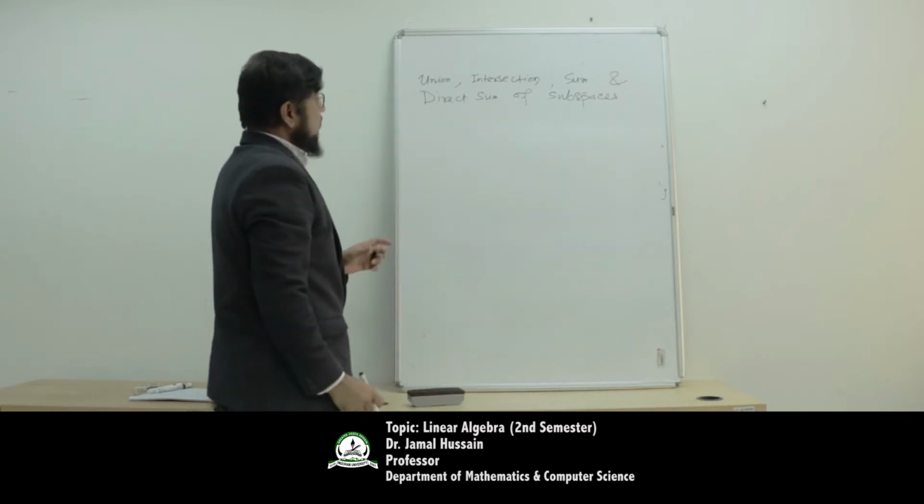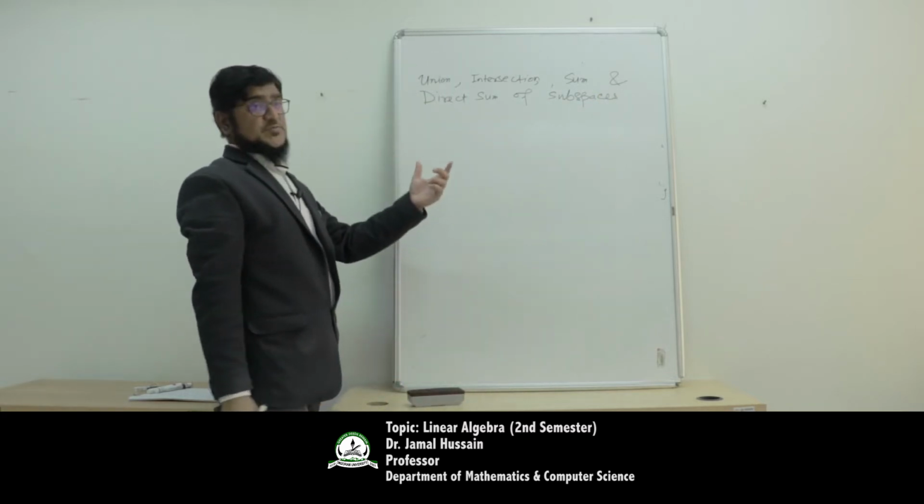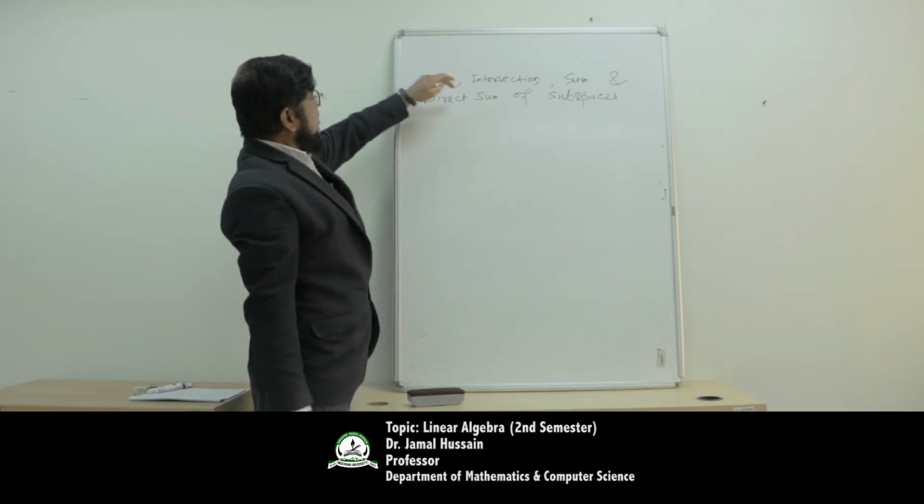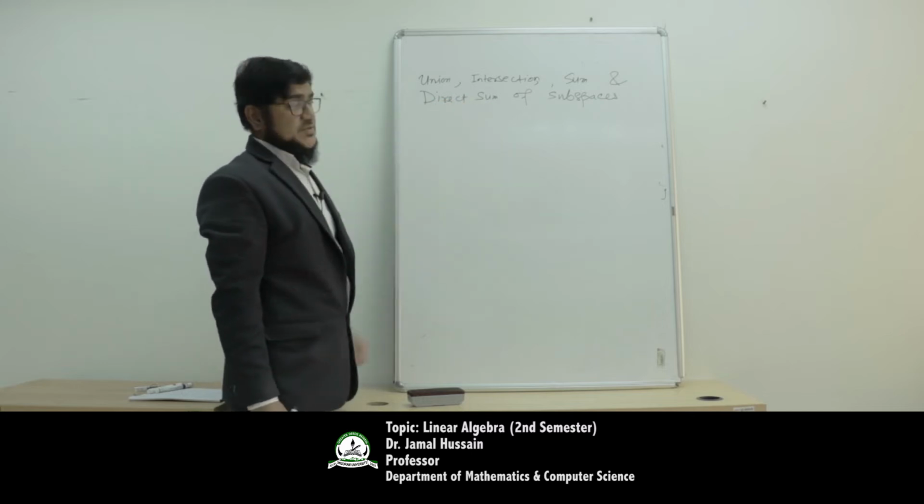So now we know what subspaces are. So given a vector space, we may have subspaces, and then what are the intersection, union, sum, and direct sum of subspaces, that we'll discuss.